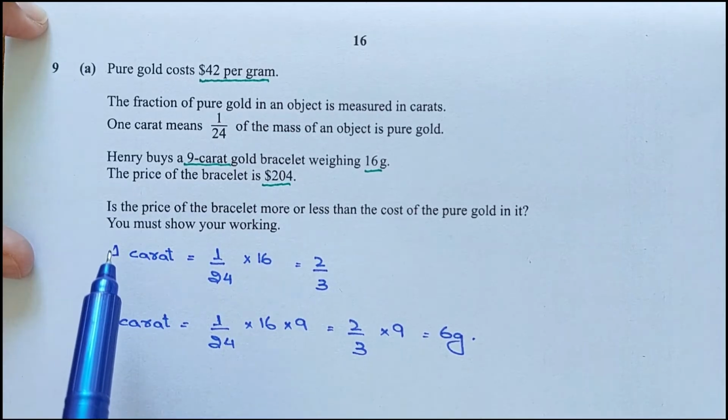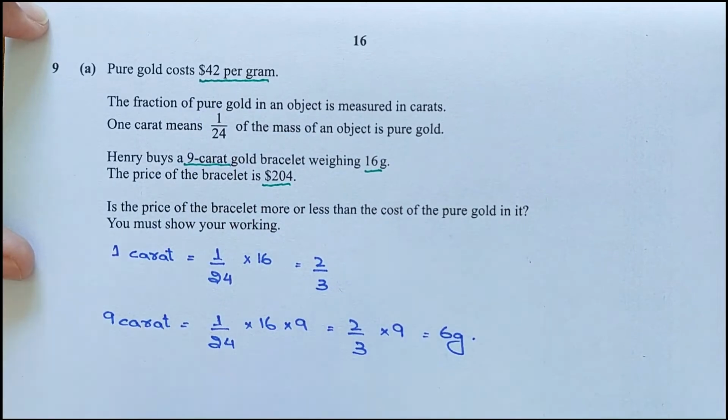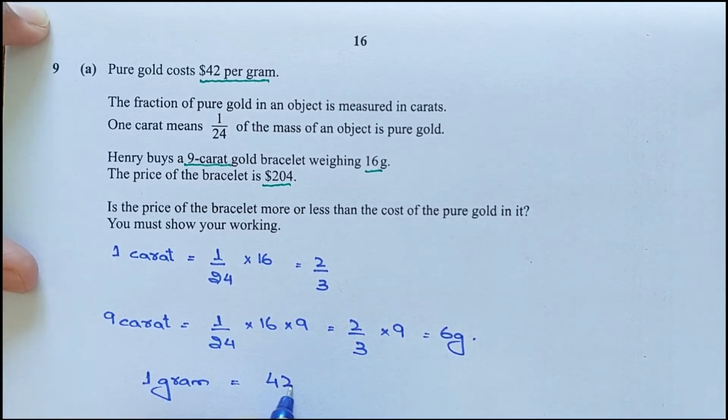Okay, now we have to find the cost. This is for 6 grams. Now for 1 gram, we know the cost is $42. What is the cost of 6 grams?